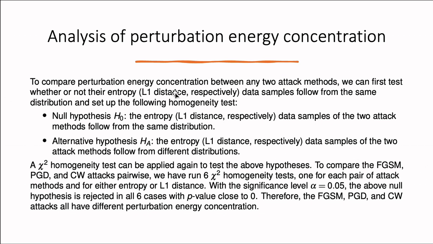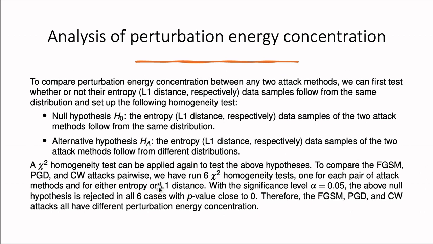To compare the perturbation energy concentration between any two attacks, we first test whether their entropy or L1 distance data samples follow the same distribution. So we have two hypotheses here, the null hypothesis and the alternative hypothesis. The null means that the entropy for both attacks came from the same distribution, while the alternative means different distributions.